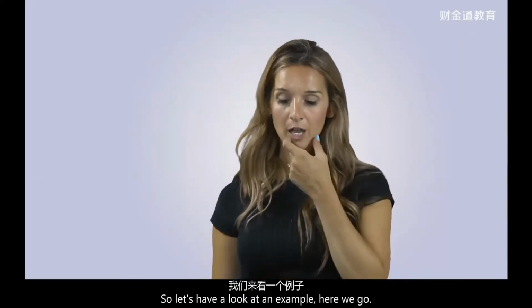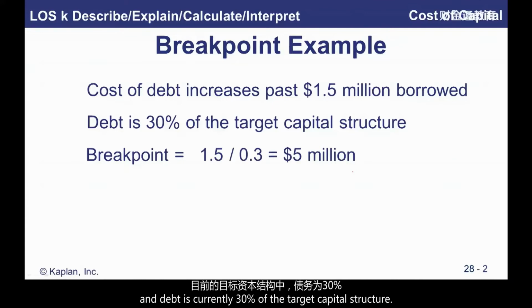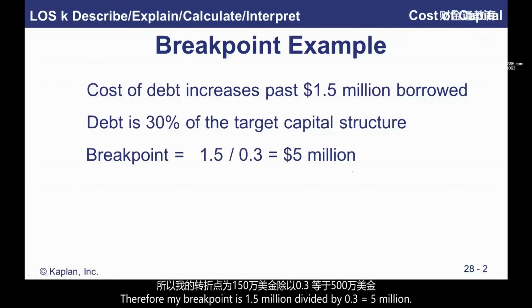So let's have a look at an example. Here we go. So we're told our cost of debt increases past $1.5 million. Debt is currently 30% of the target capital structure. Therefore, my breakpoint is I take the 1.5 million divided by 0.3.